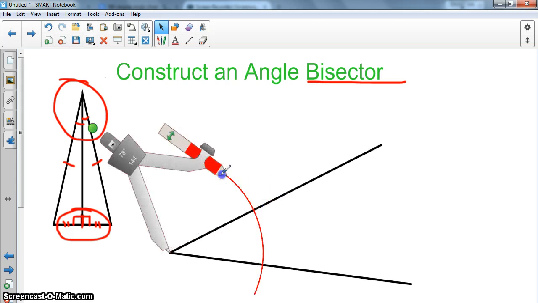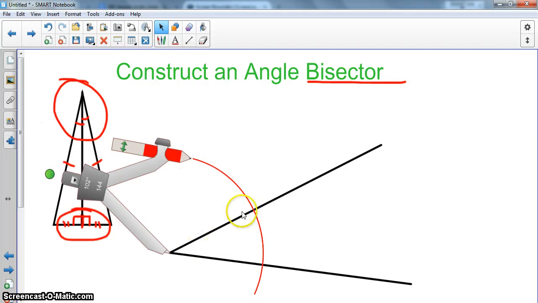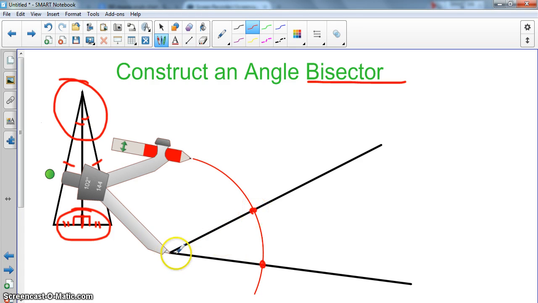Just make a circle that intersects our angle on both sides, because now if we make this point here and this point here, from the vertex to this point and vertex to this point, they have to be the same because they're radii of the same circle, right? So what we really have is this isosceles triangle. Here's our third side, and we don't have to draw it. If we draw it, we can definitely see the triangle now, but if we don't draw it, it's still the same relationship.